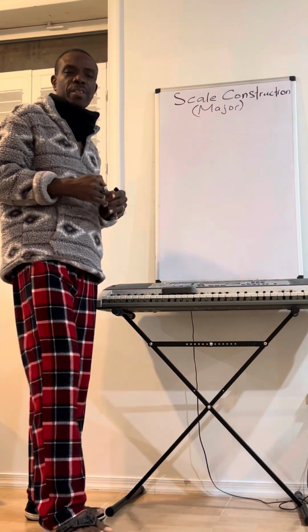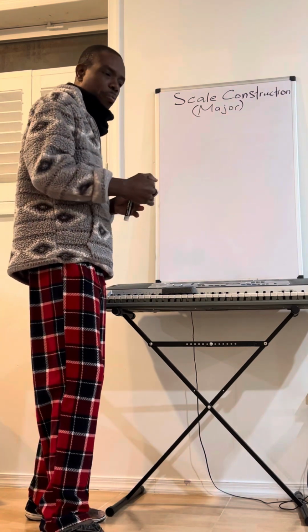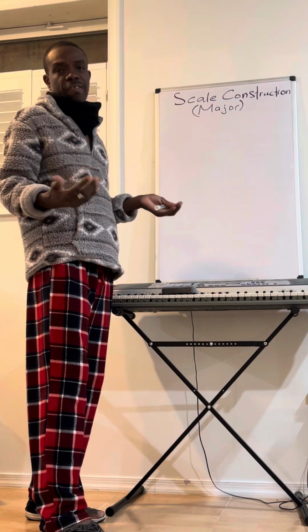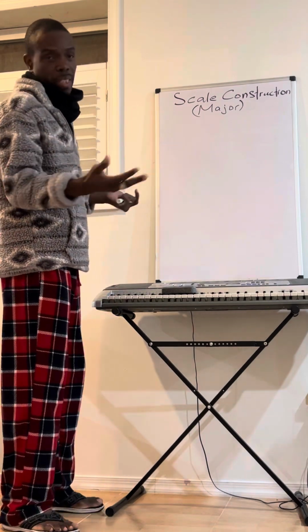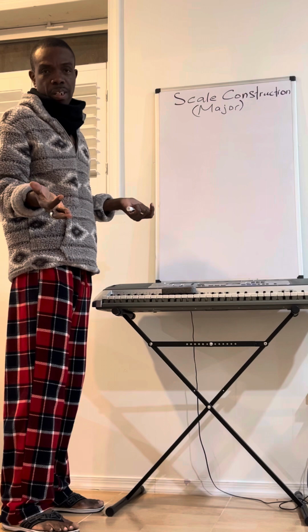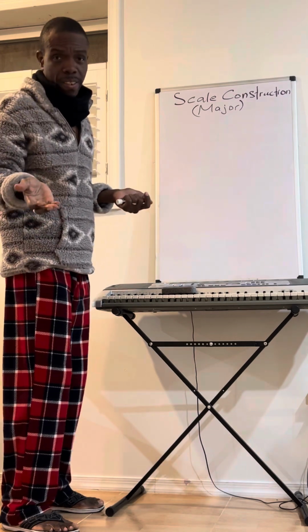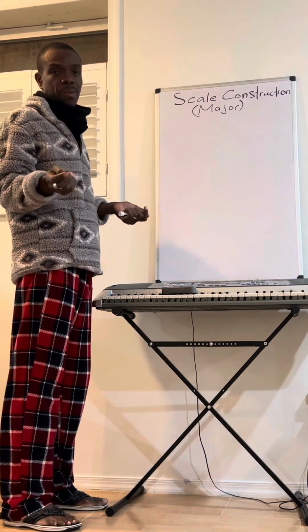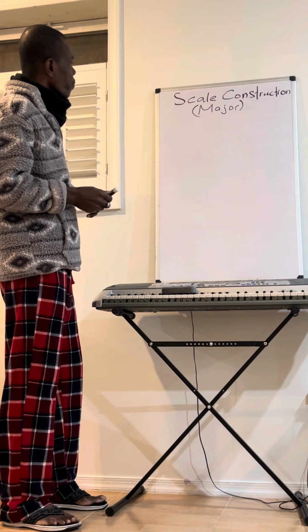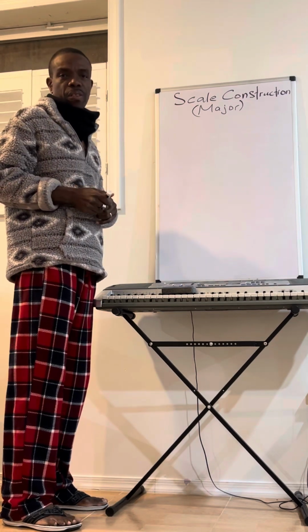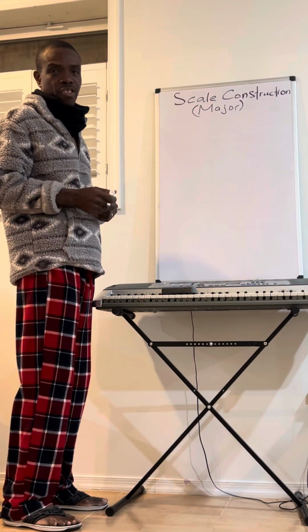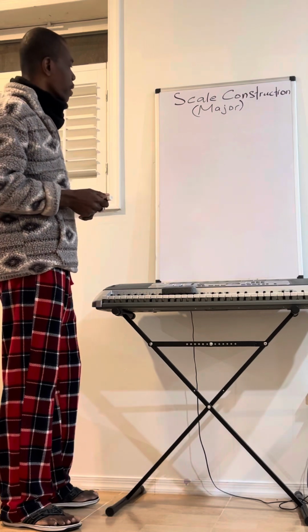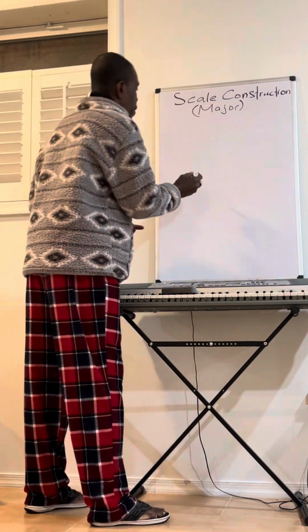A tone is going 2 places away to your right or to your left. That's a whole tone, twice as long as one semitone. So now we're going to look at how we construct a major scale.